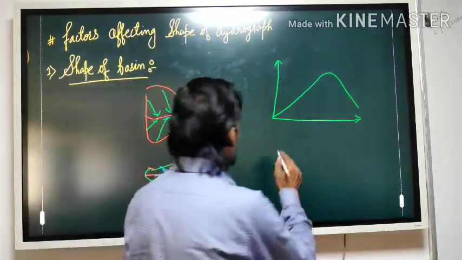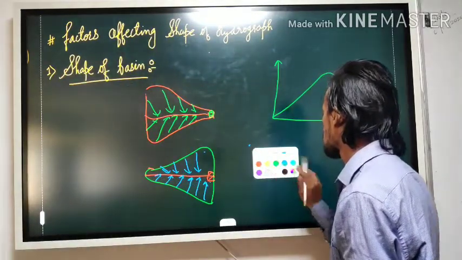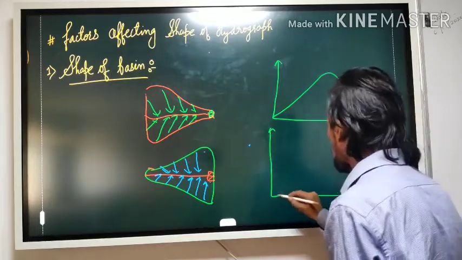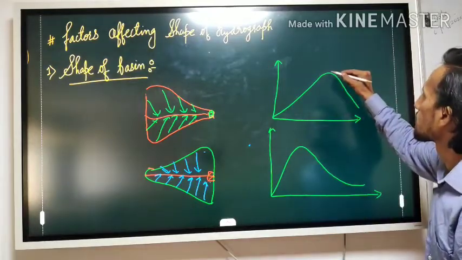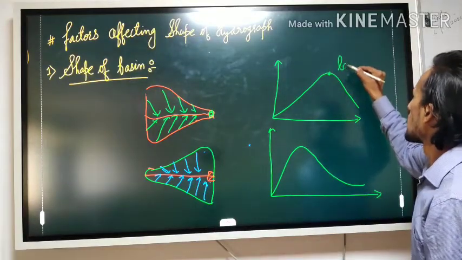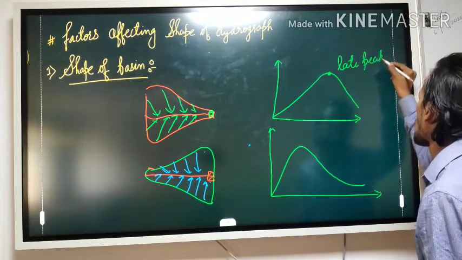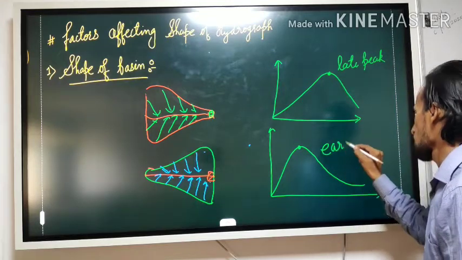If you want to compare both the hydrographs, the hydrograph for this will be like this, here the peak is a late peak. Here it is an early peak.